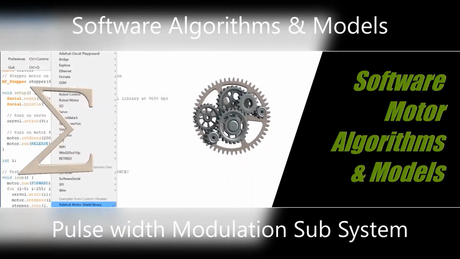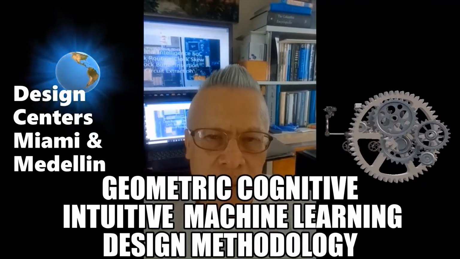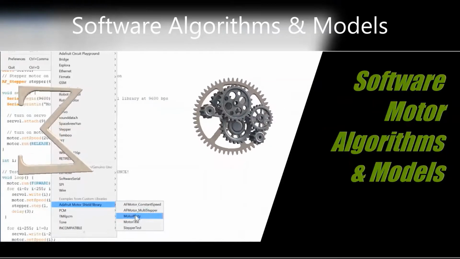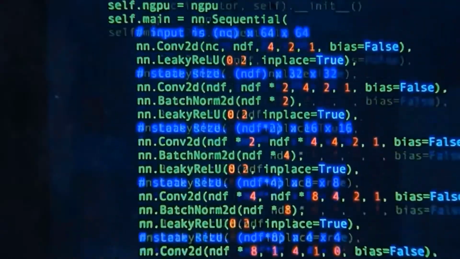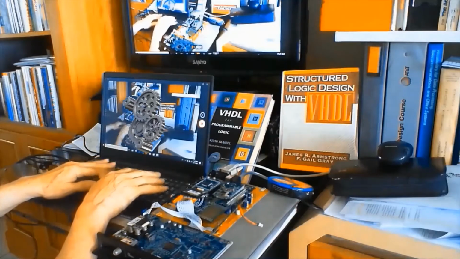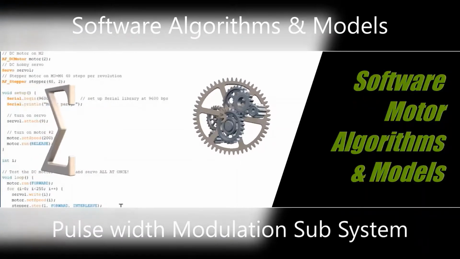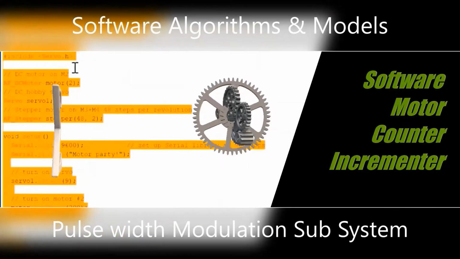The system is completely stackable. 5 address select pins means up to 32 stackable shields. That's 64 steppers or 128 DC motors. And the system also is a pulse width modulator system.